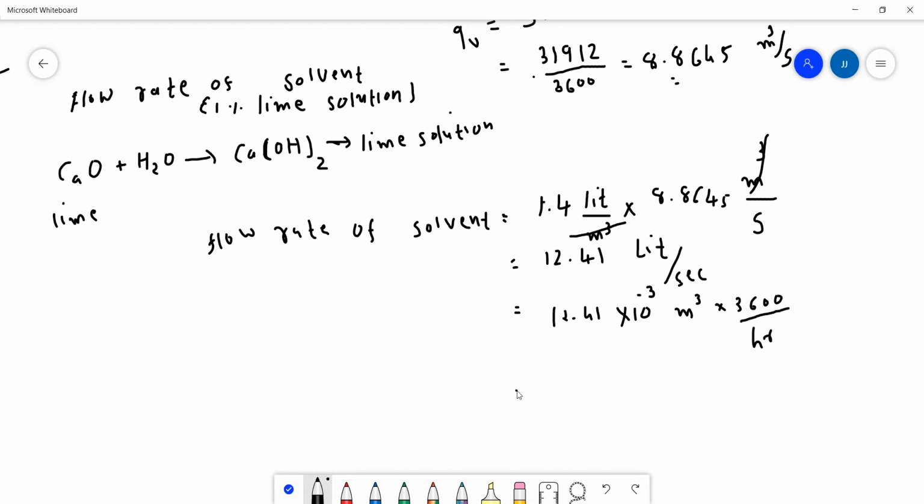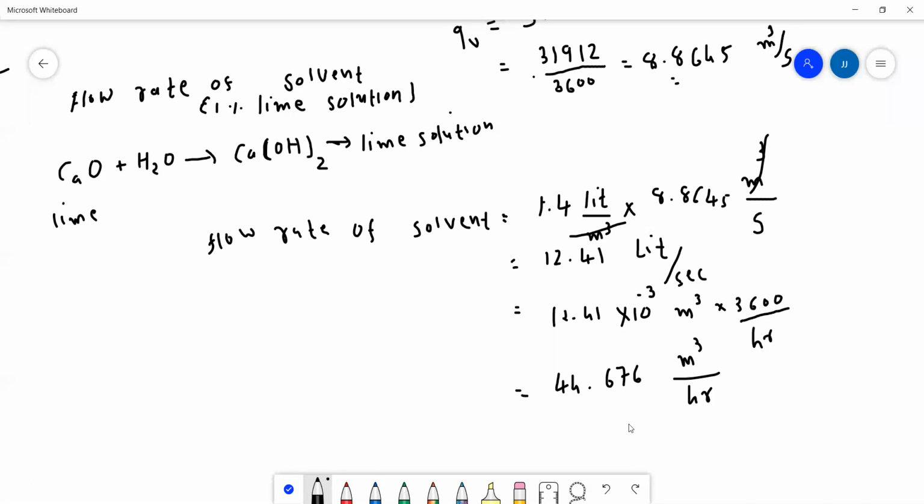If you calculate this, you will get 44.676 meter cube per hour.